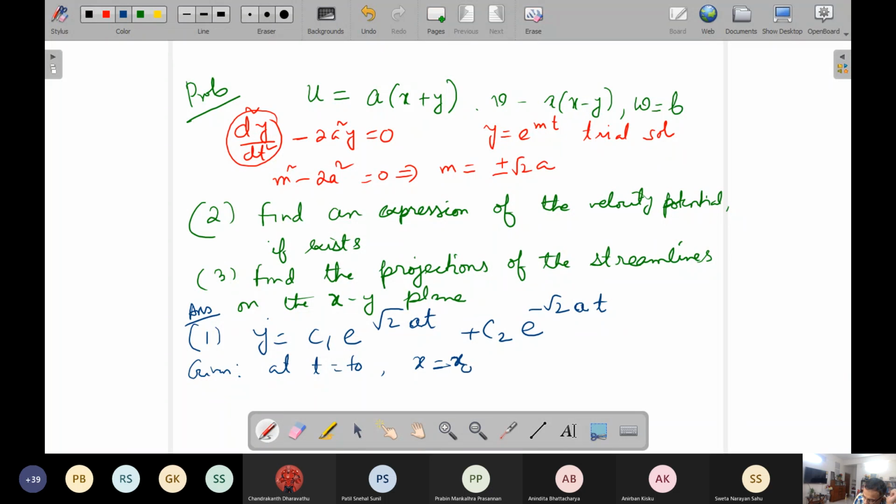X equal to x0 and y equal to y0. So that means y0 is equal to c1 e to the power root 2A t0 plus c2 e to the power minus root 2A t0. So this is a condition on y, and we can find out a condition on x.